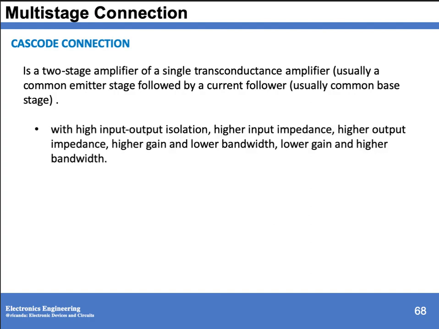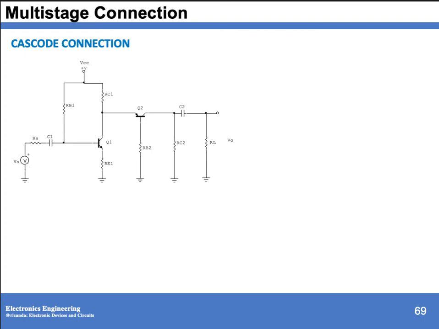So for this cascade connection, it is for high input-output isolation and has a higher input impedance, higher output impedance, higher gain and lower bandwidth, or lower gain and higher bandwidth. So this is the connection, what we call the cascade.